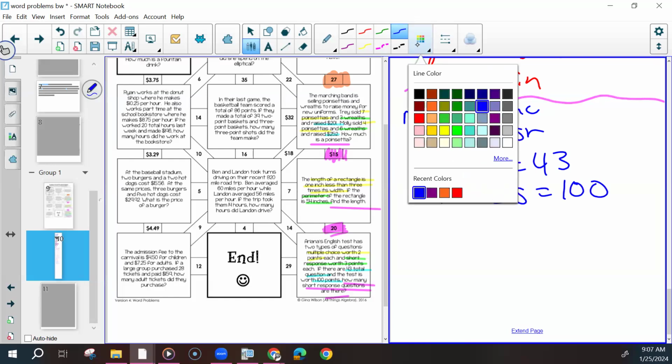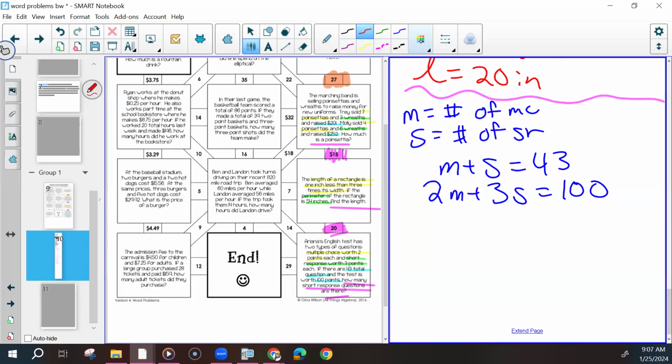Do you want to solve this by substitution or elimination? Okay. If we are solving by substitution, we are looking for short response.